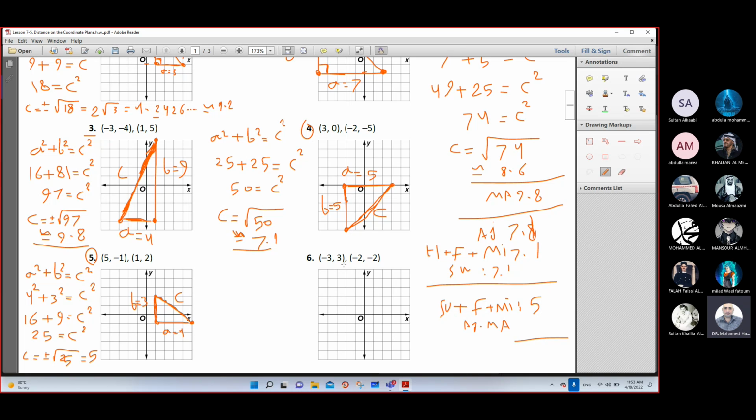Number 6. The first point here, negative 3, 3. Negative 2, negative 2. Then match between the 2 points here. Then you can create the third point.